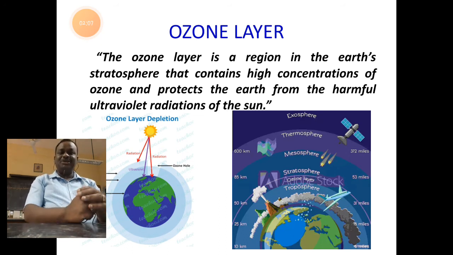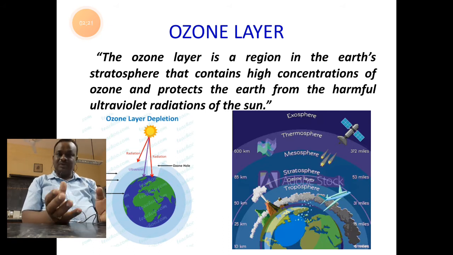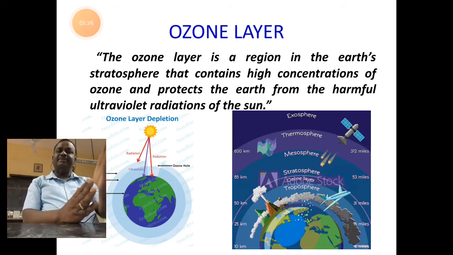So down in the picture, you can see towards the right side various layers of atmosphere of the Earth, and towards the left side how exactly the ozone layer has got depleted and the penetration of UV radiation directly seen onto the Earth.